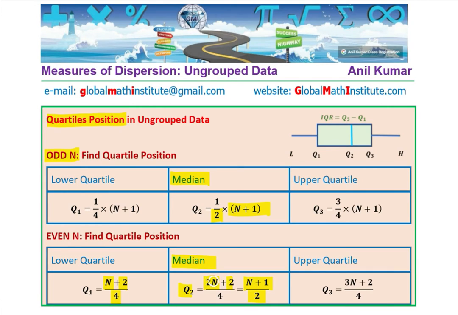Then it is 2n plus 2 divided by 4, and in this case it becomes 3n plus 2 divided by 4. So n plus 2 divided by 4, 2n plus 2 divided by 4, or 3n plus 2 divided by 4. 2n plus 2 divided by 4 is the same as n plus 1 divided by 2, so these two are exactly the same.